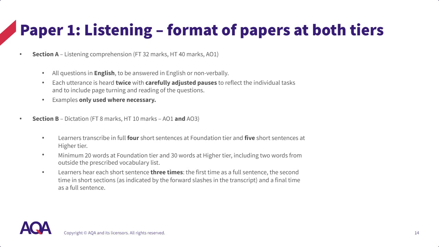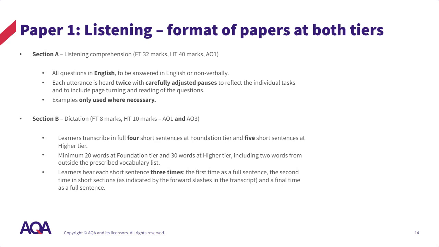The AQA papers focus on shorter chunks of language to avoid placing a burden on students' memory, and this makes the tasks more accessible, particularly at foundation tier. This helps students move through the paper confidently, avoids them losing their place in the test, and provides clarity on which questions are answered from each piece of language they hear.